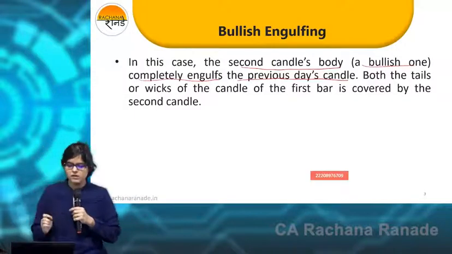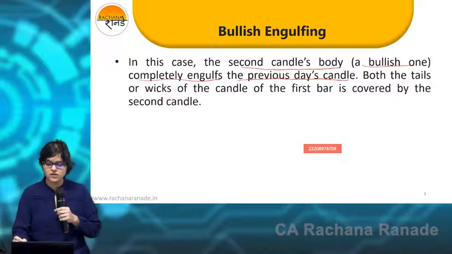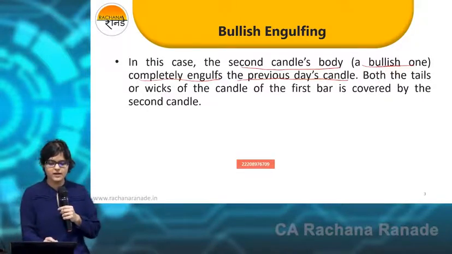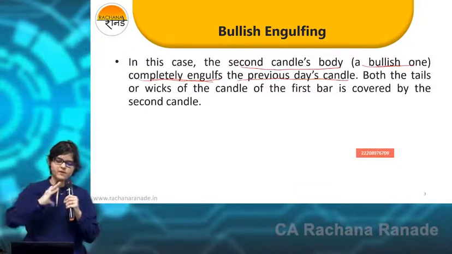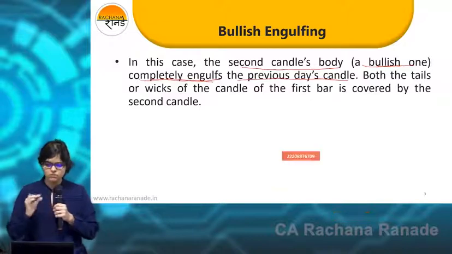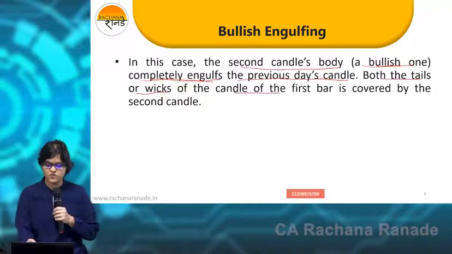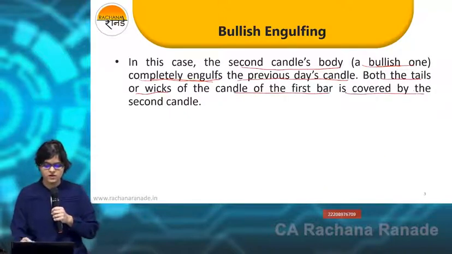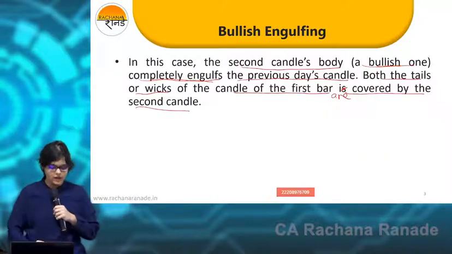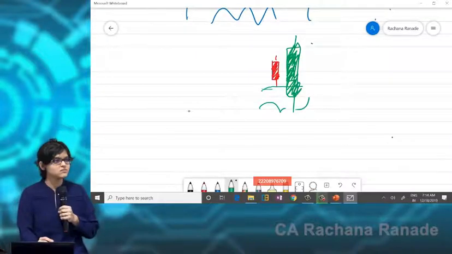So what happens? The second candle's body, which is a bullish one, mandatorily, completely engulfs the previous day's candle. Both the tails or wicks of the first bar's candle are covered, or should be covered, by the second candle. In our first example, did it cover?